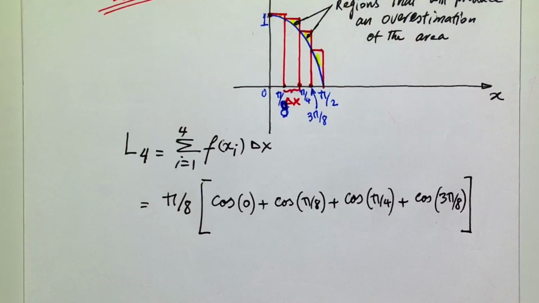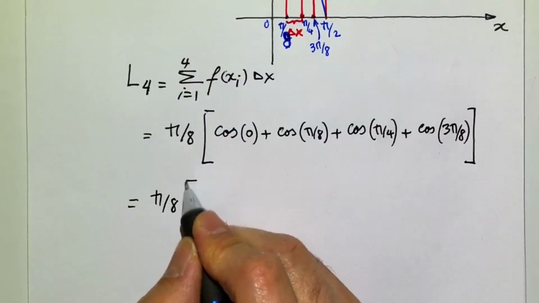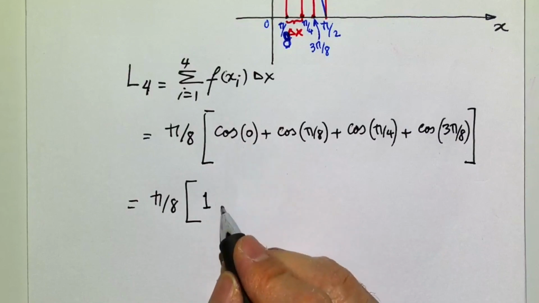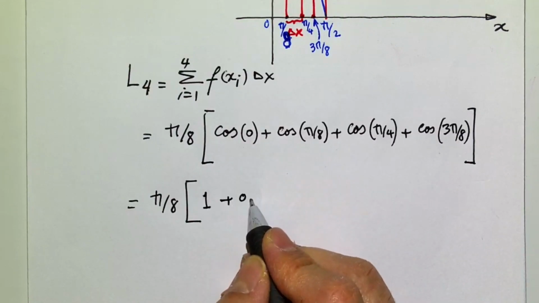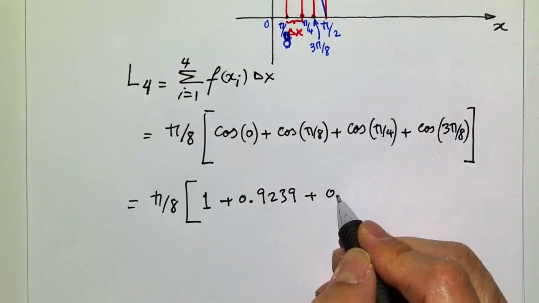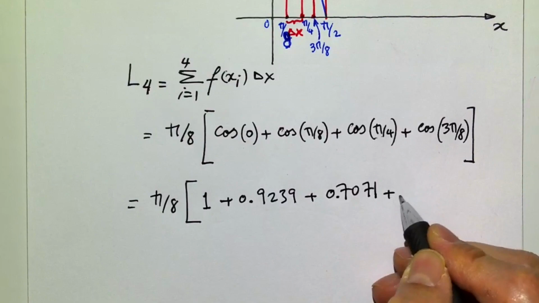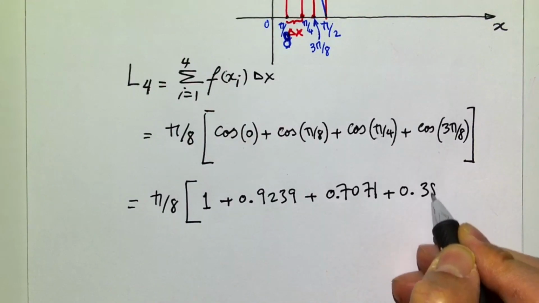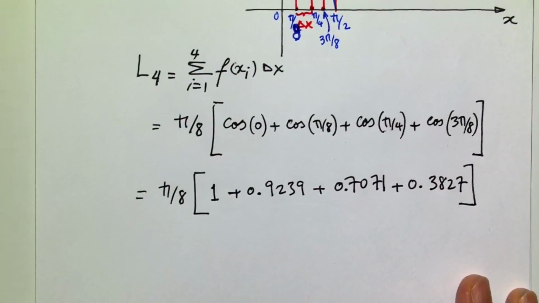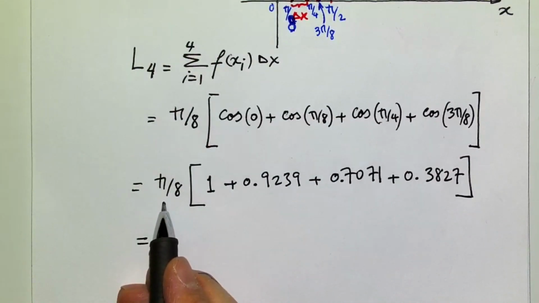Okay, so now these are the numbers I have, please compare them with your own calculations. Cosine of 0 would be 1. Cosine of pi over 8 would be 0.9239. Cosine of pi over 4 would be 0.7071, plus 0.3827. So we add all of these and multiply by pi over 8.